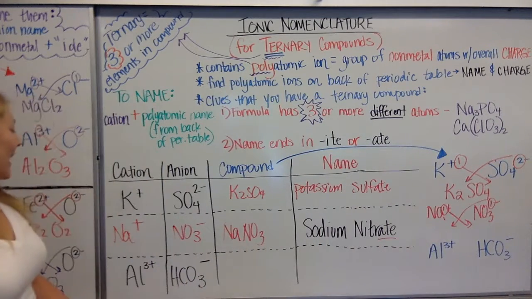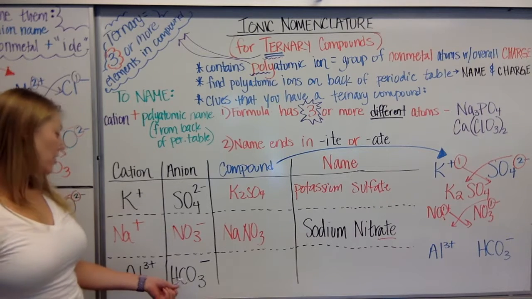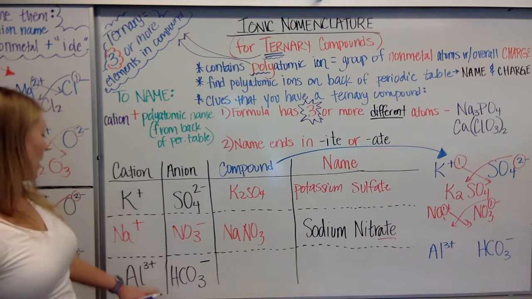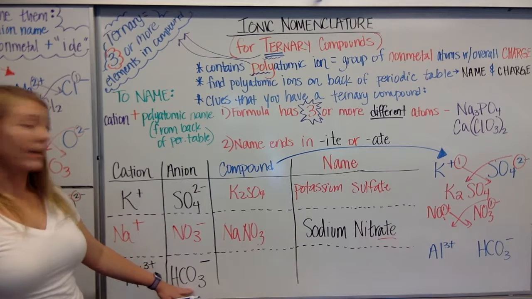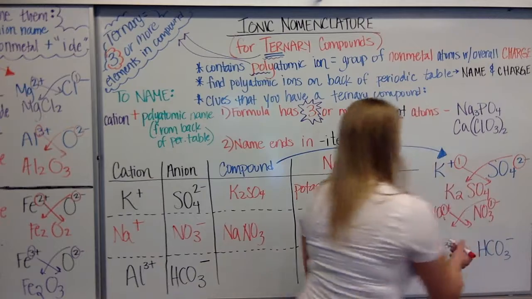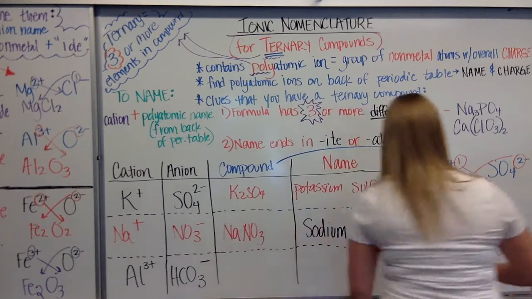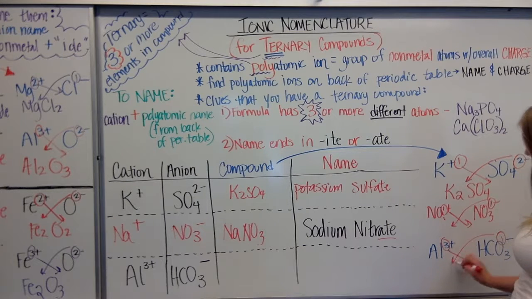Okay? Now last one, I have aluminum and I have hydrogen carbonate here. All right, so aluminum and hydrogen carbonate, I need to figure out what compound they make. So again, I'm going to circle the 3, circle the 1, okay? We're going to crisscross, and I get Al, just 1, HCO3, with a 3 down here.